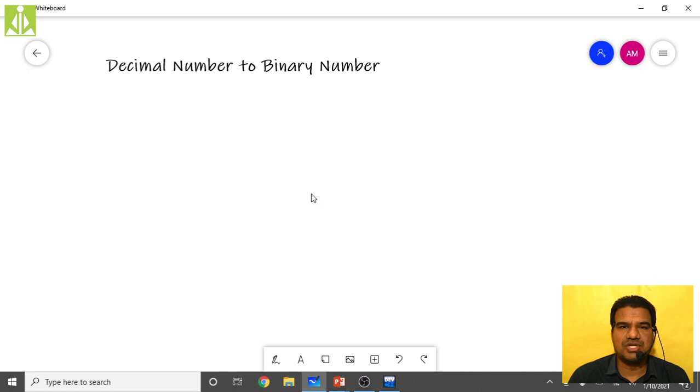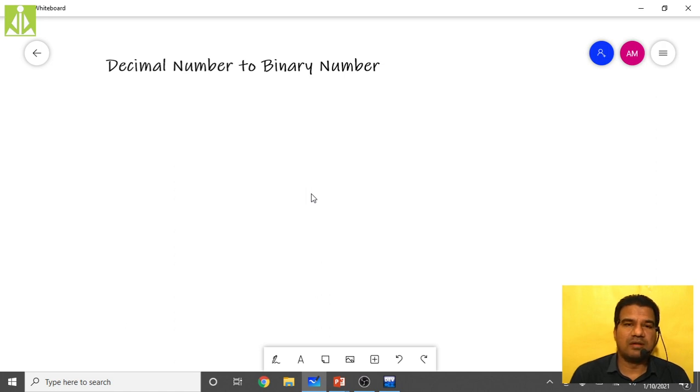Very simple procedure. Already we know the LCM method, isn't it? How we can take the LCM of different numbers. The same procedure we follow over here in order to convert the decimal number into binary number. As you know, your computer will store all the numbers in binary format only. It will not store the numbers as we give them.